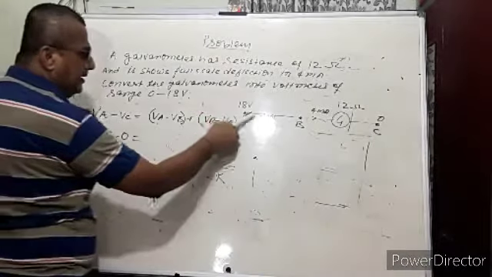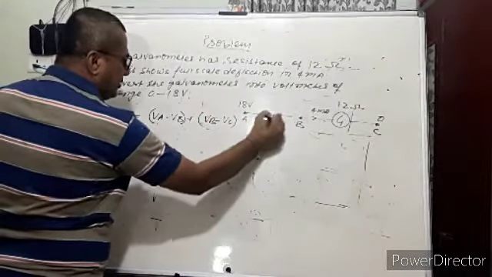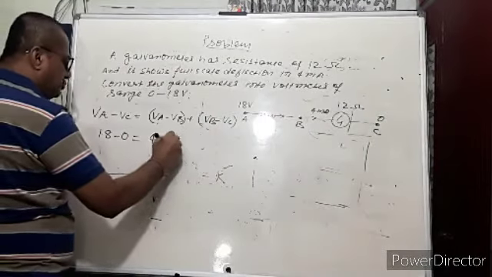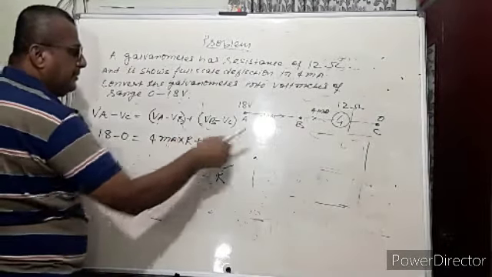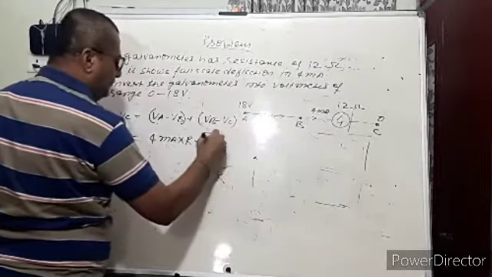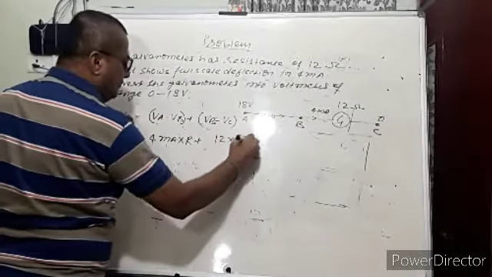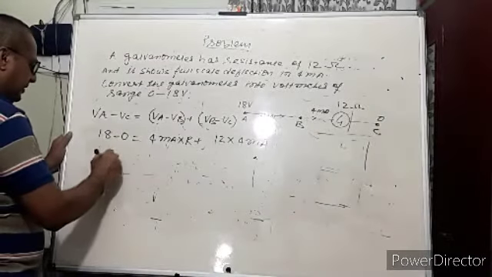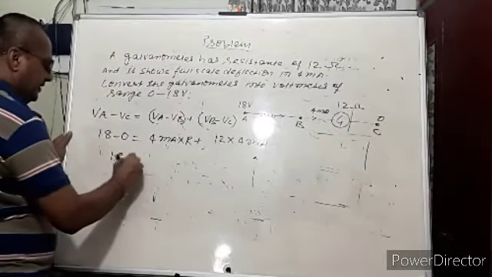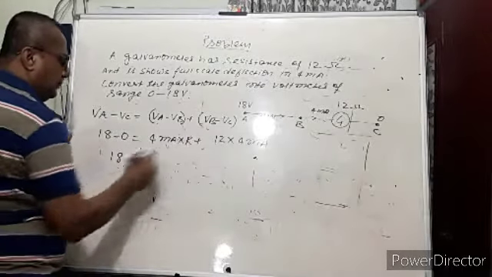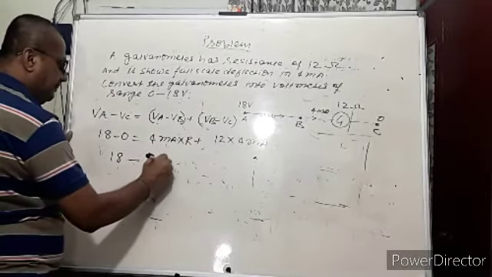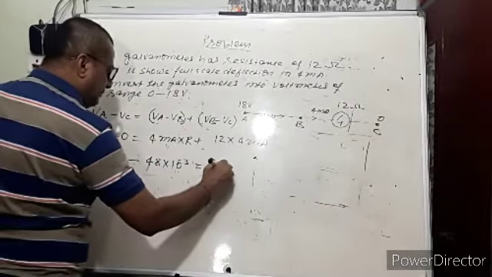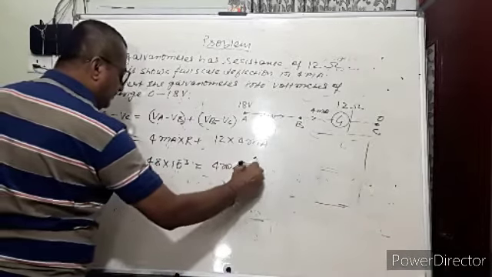VA minus VB: 4 milliampere current is flowing, so 4 milliampere into R, plus VB minus VC, 12 ohm into 4 milliampere. So this can be converted: 18 minus 12 into 4, that is 48 milliampere, meaning 10 to the power minus 3, is equal to 4 milliampere into R.